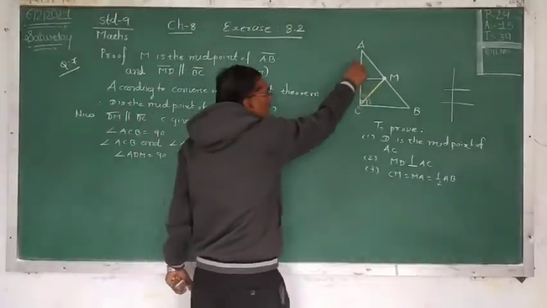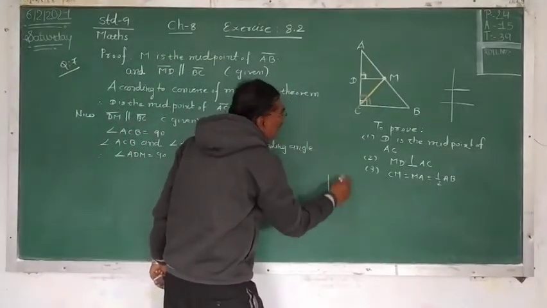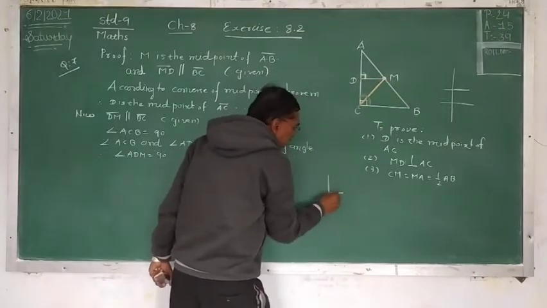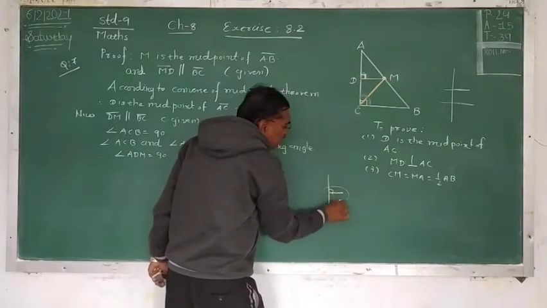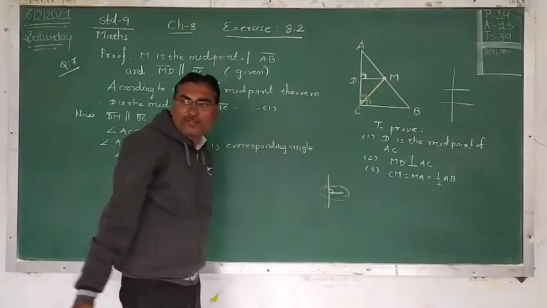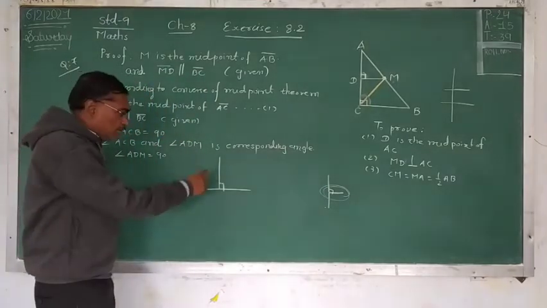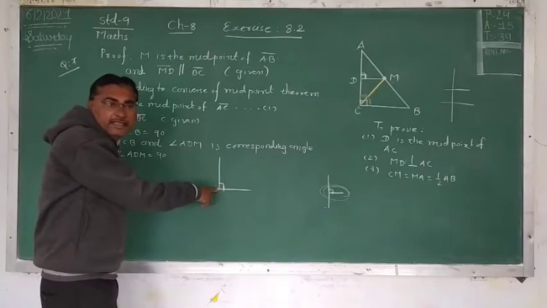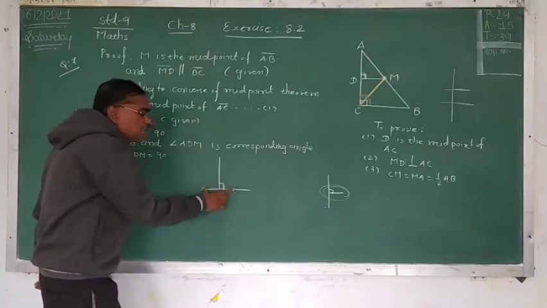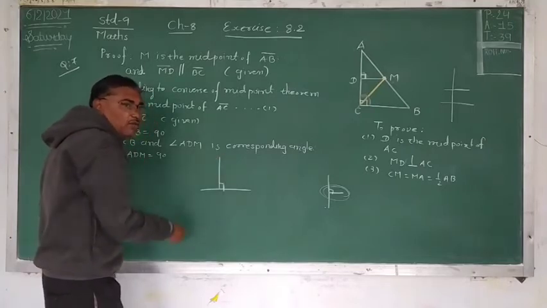Now you know that this line and this line are in this way. What can we call this? Perpendicular, 90 degrees. This segment is perpendicular to this segment. Okay?